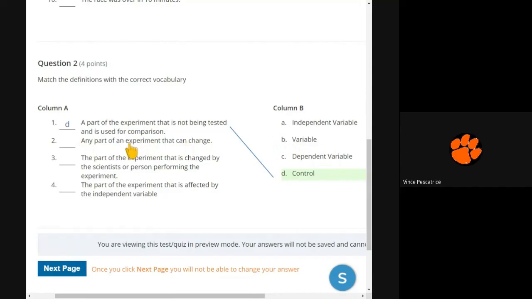The dependent and independent variable can change. You could change the independent variable, like we did with the jars and the amount of flame in the jar for the experiment, and the dependent variable can change too. For us, that was the amount of water that also changed. So any part of the experiment that can change is the variable.